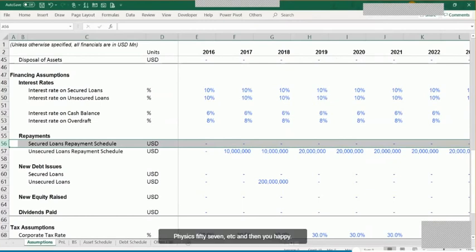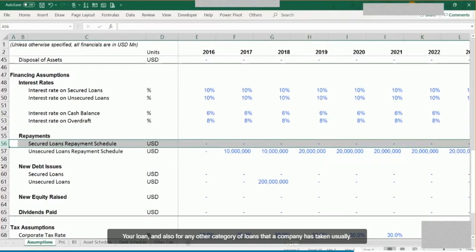And then you have the debt schedule. You would follow the same structure for secured loan and also for any other category of loan that the company has taken.